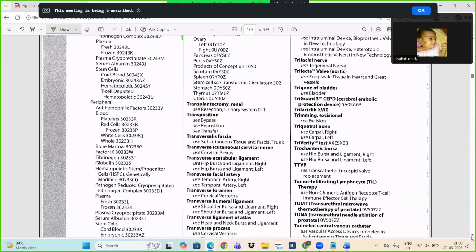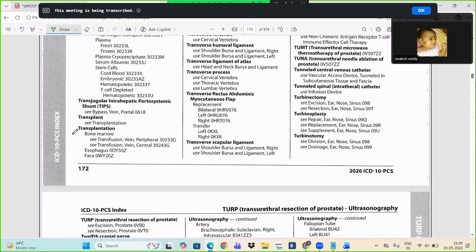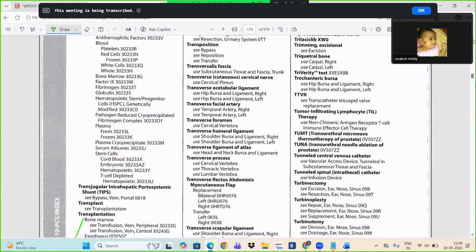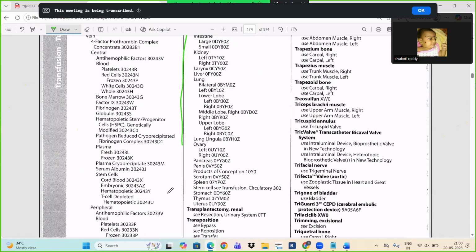Go to the 7th character in the table. 0TY10Z. Identify the 7th character.